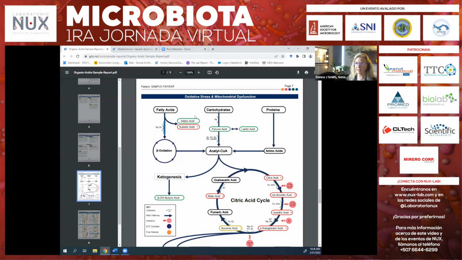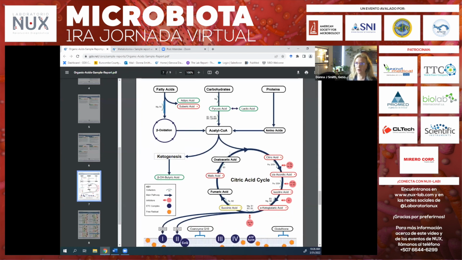In the middle, we take a look at how carbohydrates are being metabolized into acetyl-CoA, and then proteins also break down and produce acetyl-CoA. From acetyl-CoA, it can go here to the left and be metabolized via ketogenesis, which creates ketone bodies. The one that we measure here is beta hydroxybutyric acid.